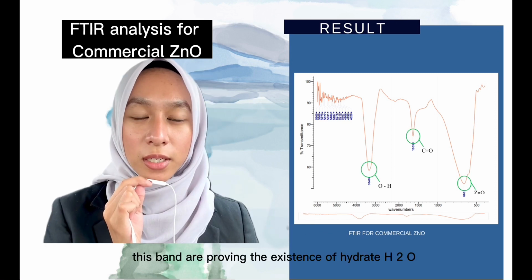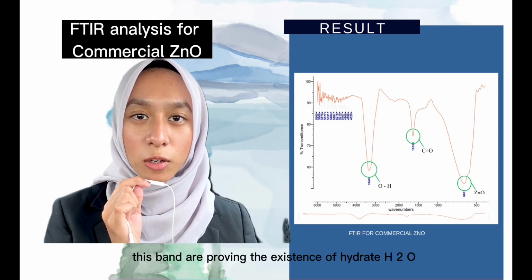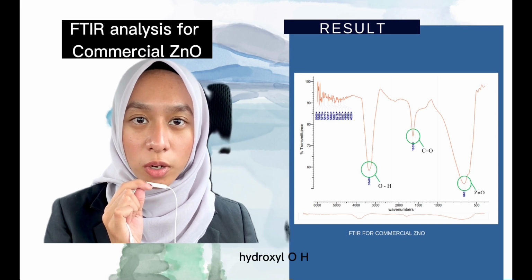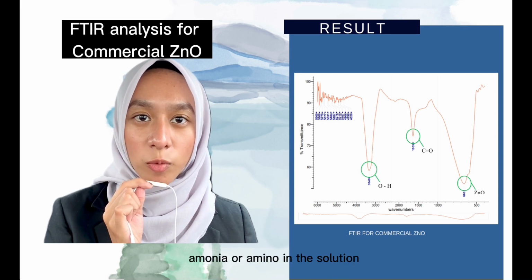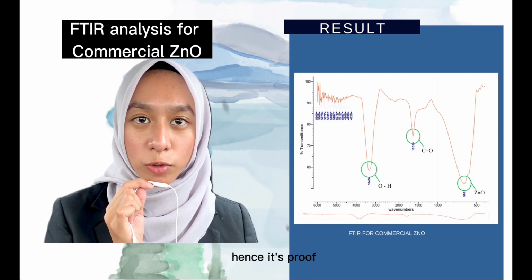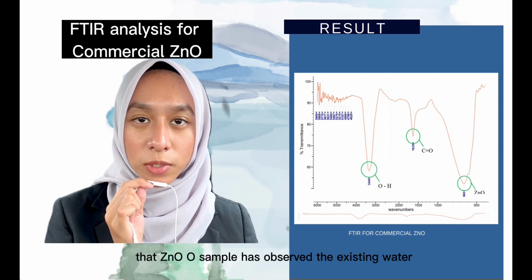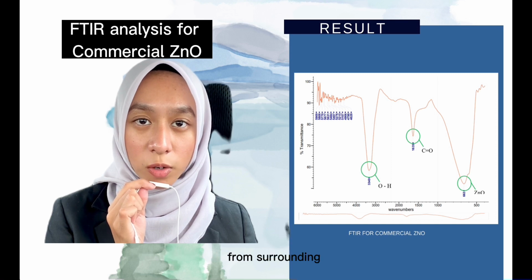Basically, these bands prove the existence of hydrate, H2O, hydroxyl, OH, ammonia or amino in the solution. Hence, it proves that the ZnO sample has absorbed water from the surroundings.